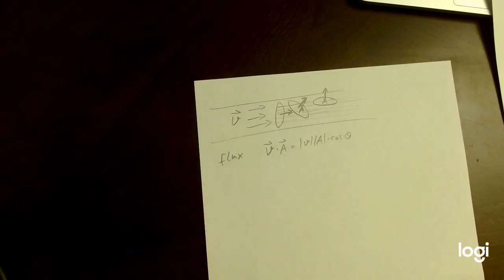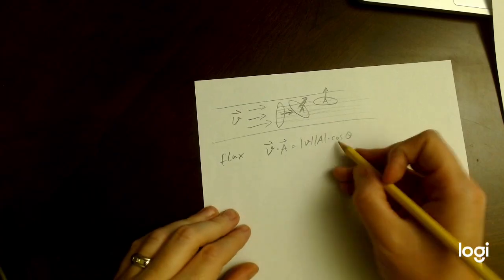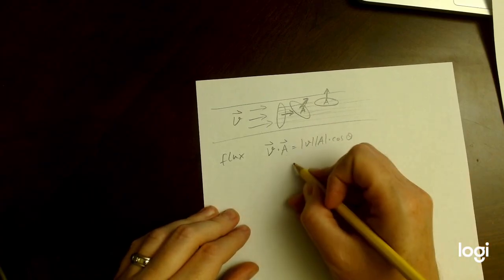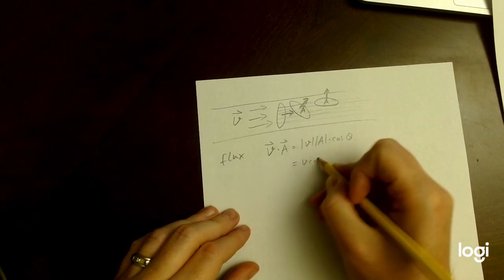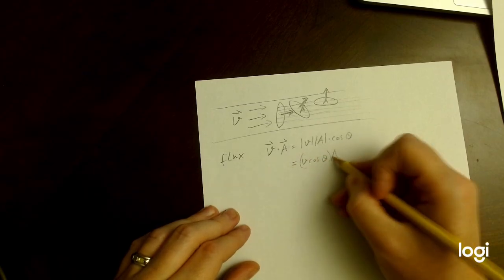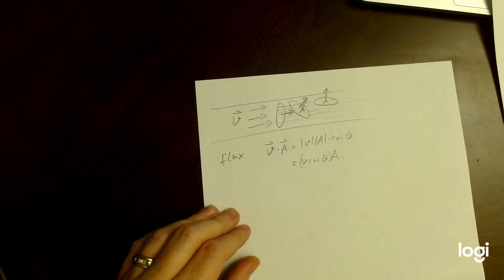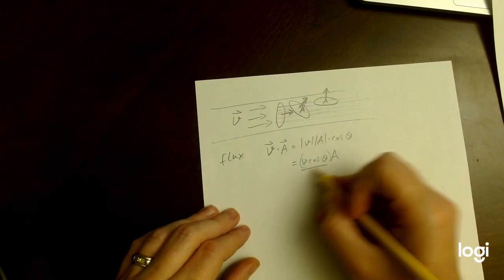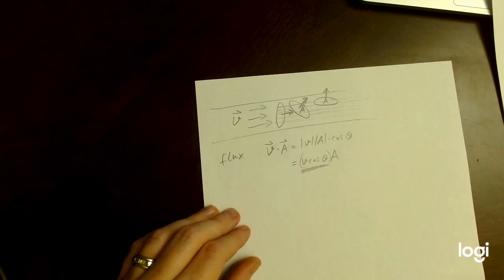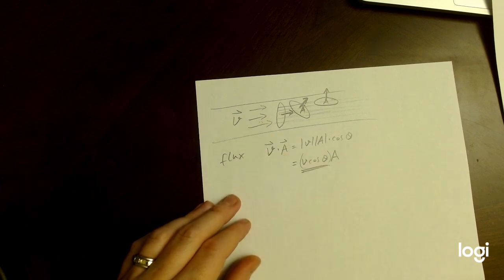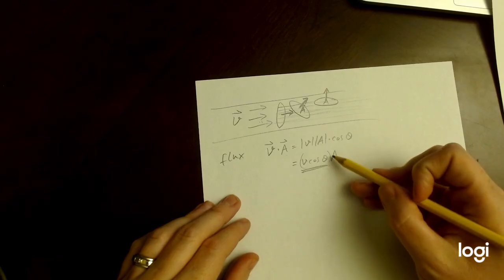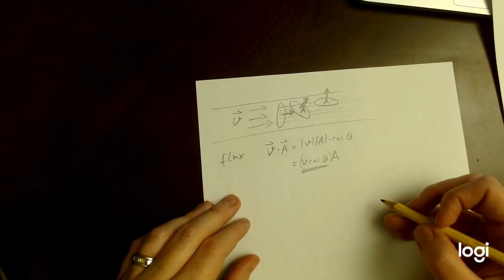And you can kind of think of this in two different ways. Either you can think of grouping this cosine with this magnitude of V and say this is V cosine theta times A, which tells you this is the component of the vector field, or the component of the velocity that is in the direction perpendicular to the surface, or normal to the surface.